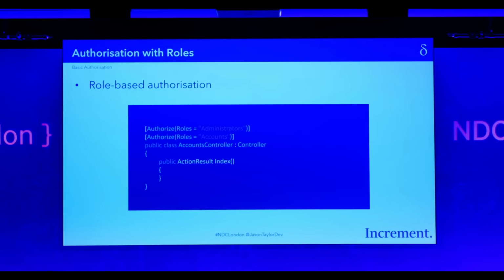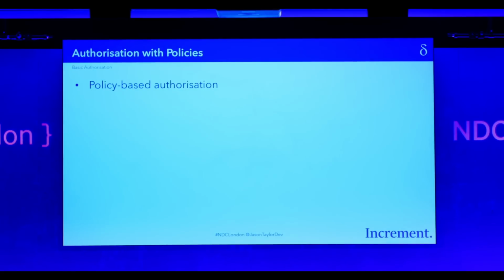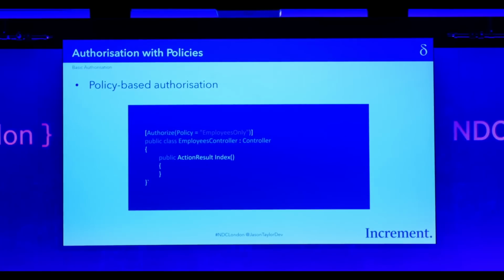In this case, I've used the authorized attribute 2 times. So first for the administrator's role, second for the accounts role. And this means that an authenticated user will now need to be a member of both roles. So you can see that using the authorized attribute, you can combine it in various ways to set your access control policy.